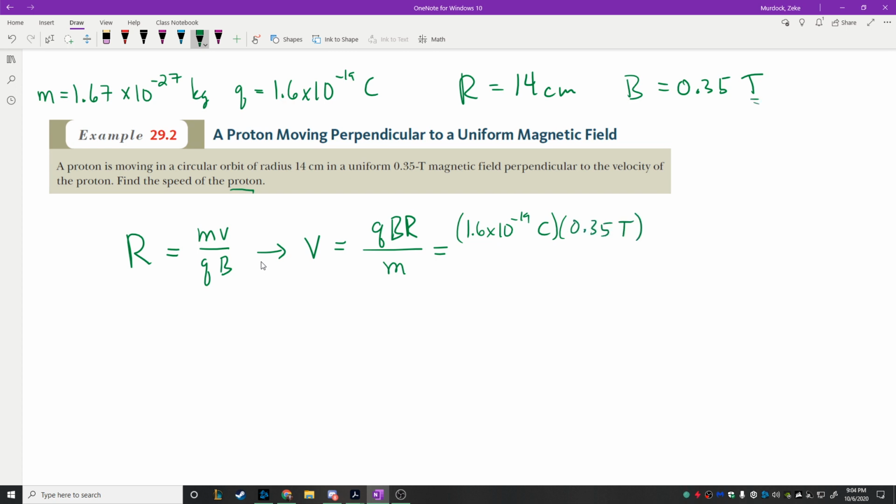When we're done with this, I'll tell you what Tesla is. I forgot to do that today. Radius is 0.14. Divide by the mass, 10 to the negative 27. What's the velocity you get out of that?